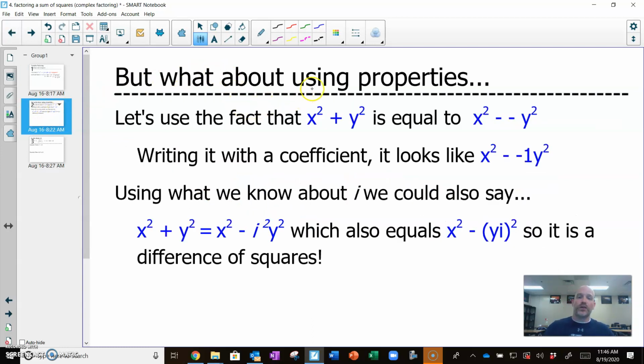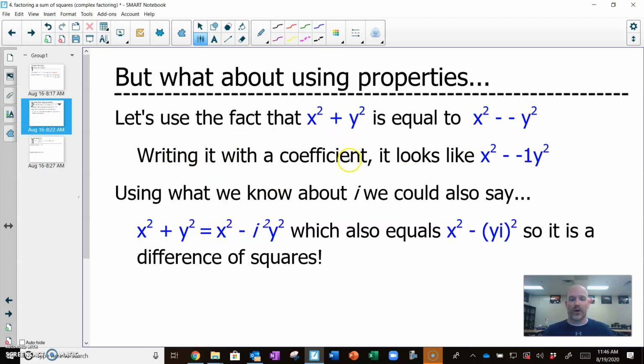Okay? We could go through and use certain properties that we've learned about as they pertain to imaginary numbers and what a positive is. So first, we're going to use the fact that we could, if we wanted to, rewrite any plus sign as a double negative, because minus a negative is the same thing as a positive, right? Okay, so in theory, we could go and rewrite this plus sign as a double minus, okay?